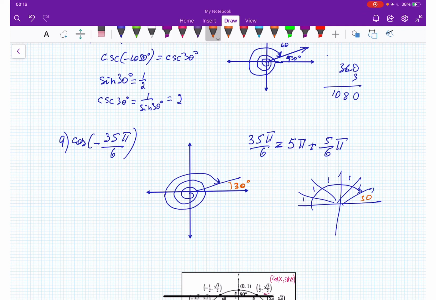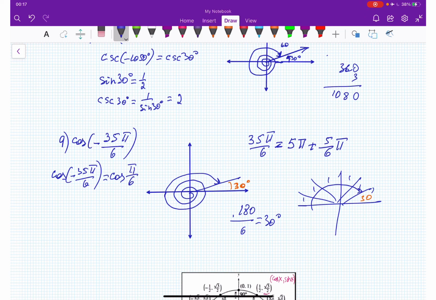So we can write down that cosine negative 35 pi over 6 is equal to positive cosine of 30 degrees, which is pi over 6. Why? Because pi is 180 divided by 6, which is 30 degrees, right? So it's pi over 6.